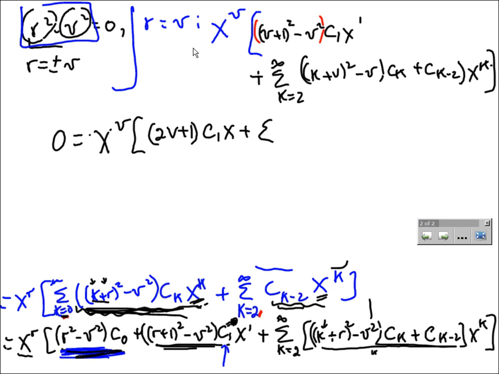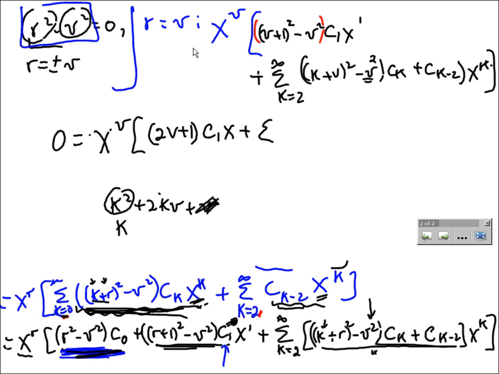Like it says here, k plus v squared minus v squared. Well, this is k squared plus 2kv plus v squared, and if you take away v squared like it tells you to, you just get k squared plus 2kv.